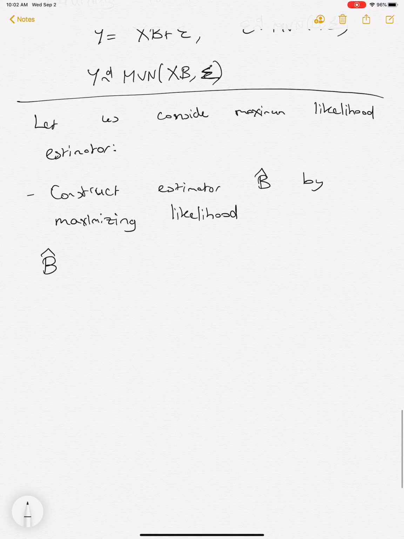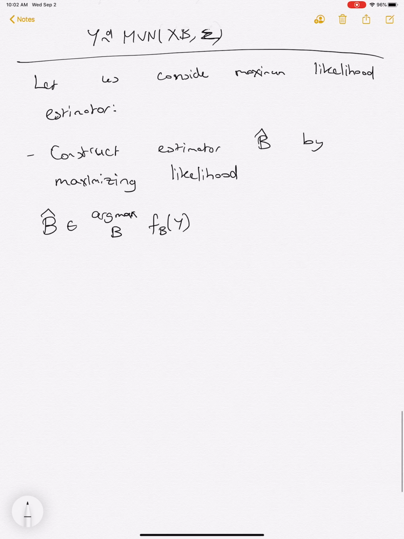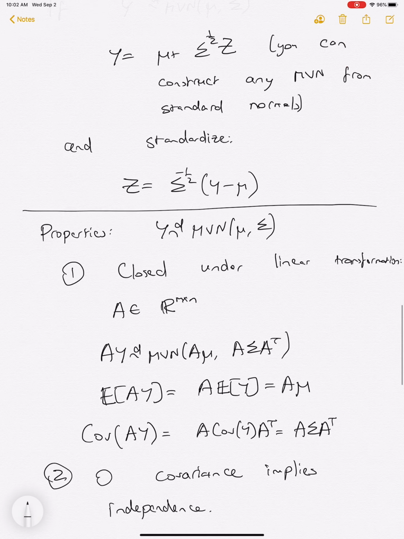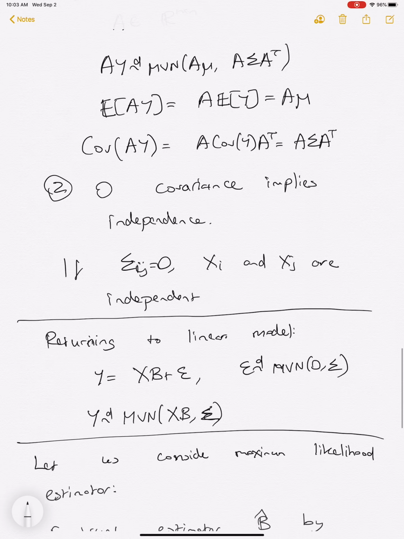We need to use the PDF of the multivariate normal, which we saw earlier. So b hat here is going to be the maximum of f of y, which depends on b, where this is the PDF of y. And recall that the PDF for the multivariate normal is given by this expression here, so we can just write that out.